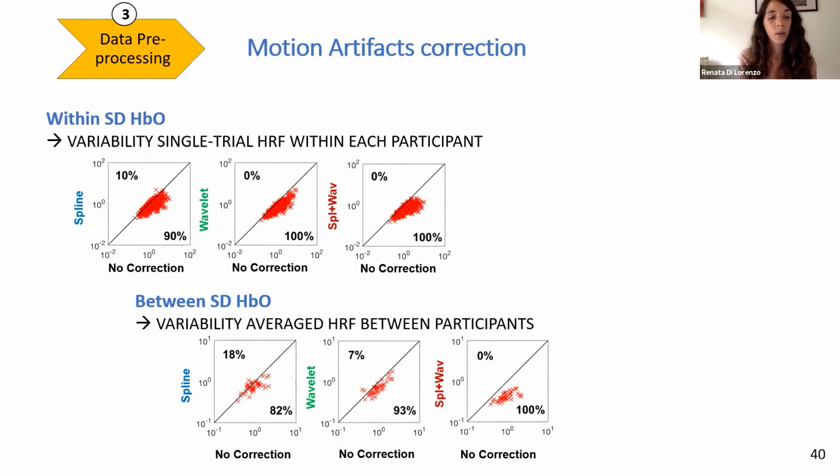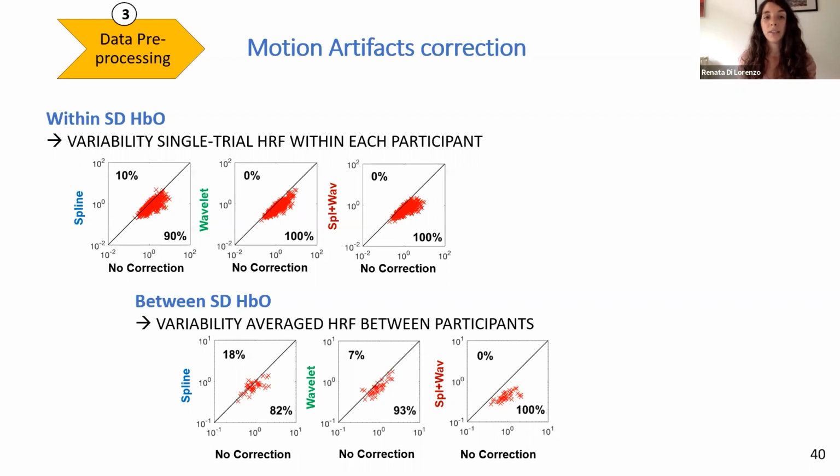For each participant we compared the mean standard deviation of the single trial HRF, or hemodynamic response, across channels and conditions. And we compared the standard deviation between the effects obtained from spline versus no correction, wavelet versus no correction, and the combination of the 2 versus no correction.